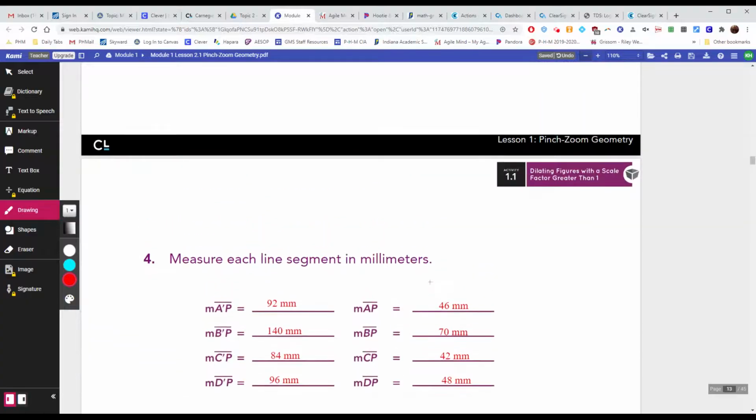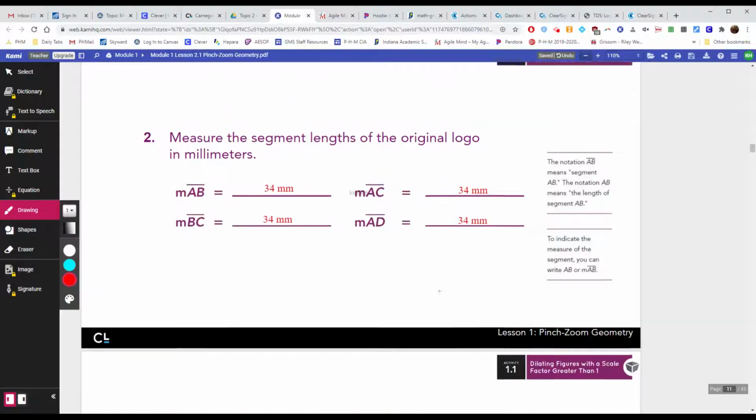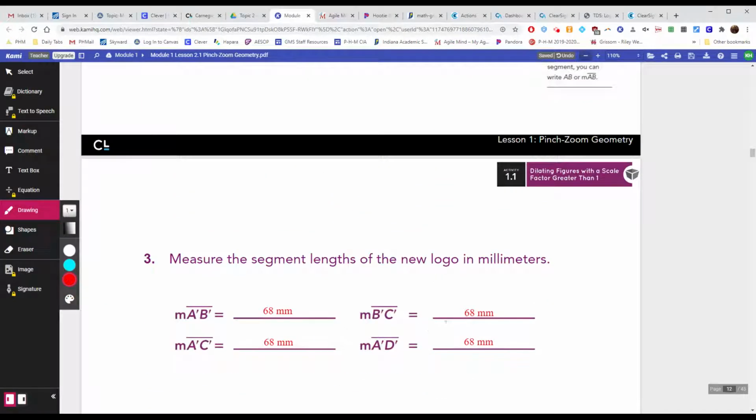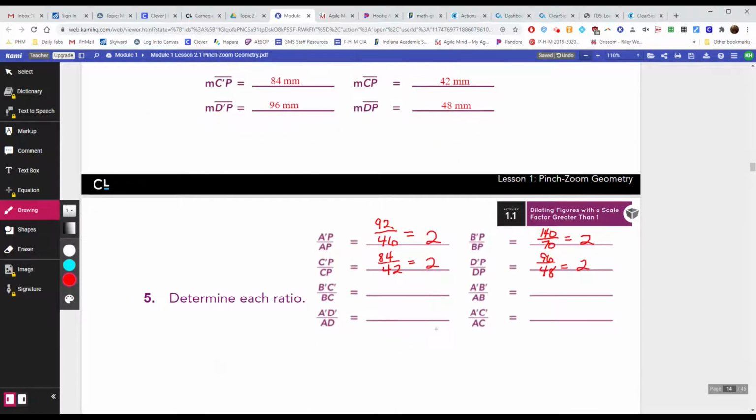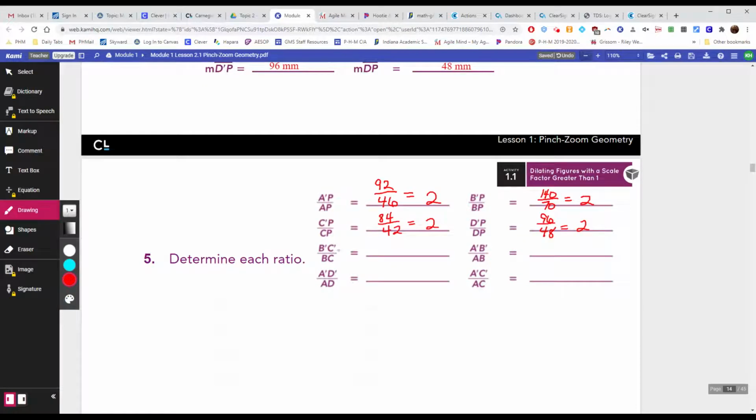Now, B prime C prime, we're going to have to go back up here a little bit. B prime C prime was 68, so now we're going to number 3, and we're comparing that to something in number 2. So this is a distance in the enlarged logo compared to the original one. So B prime C prime was 68, and BC was 34, and look at that, also equal to 2. A prime B prime was 68. AB was 34, also equivalent to 2.